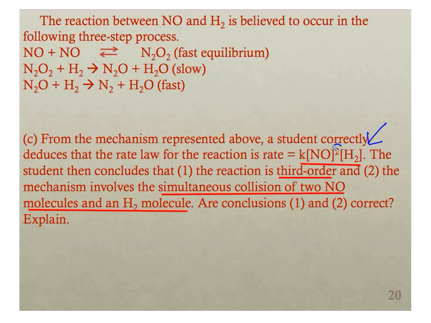But in here, we look, the student concludes that it is third order, and that is true because for the first one, first order plus second order is equal to a third order overall. So that's true. You want to note that. And then 2, you want to note is false or an incorrect statement.